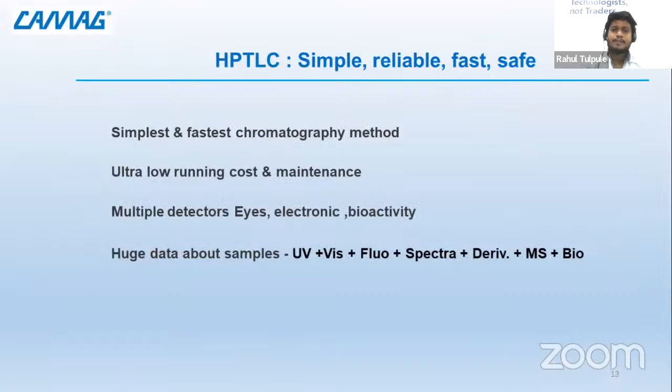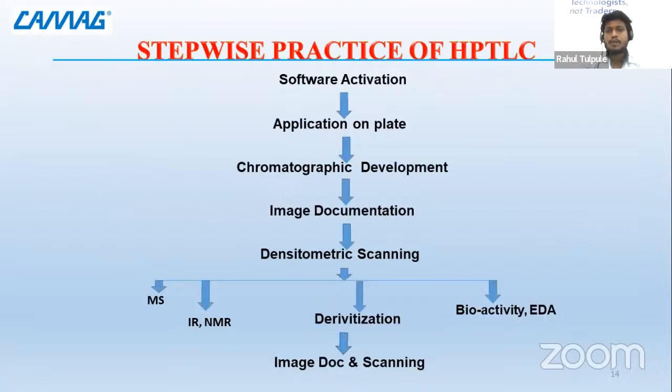So why is HPTLC very reliable, fast and safe? Because it is a fast and safe chromatographic method. It has very low running cost and maintenance. Multiple detection modes, electronic and bioactivity, can be done, and so on. The stepwise practice of HPTLC is: first the software activation, application on plate, chromatographic development, image documentation, densitometric scanning.